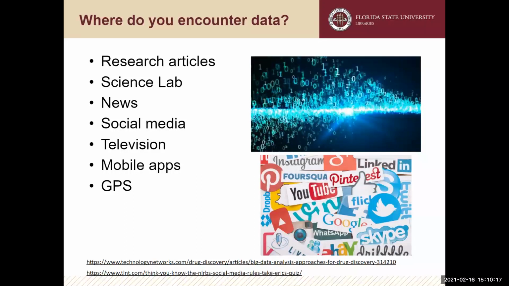So here on this slide are a few examples of places we might encounter data. There's obviously many more than this. But typically we're looking in research articles, maybe back-end analytics about websites or things on the internet, as you mentioned. If we're in a research lab, science lab, maybe we're out in the field collecting data. We also see data in the news or on social media, right?